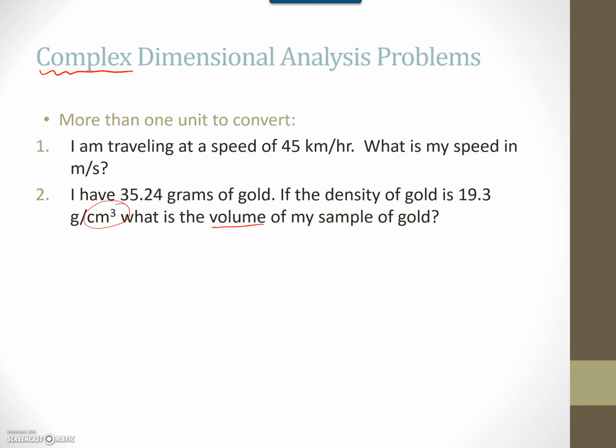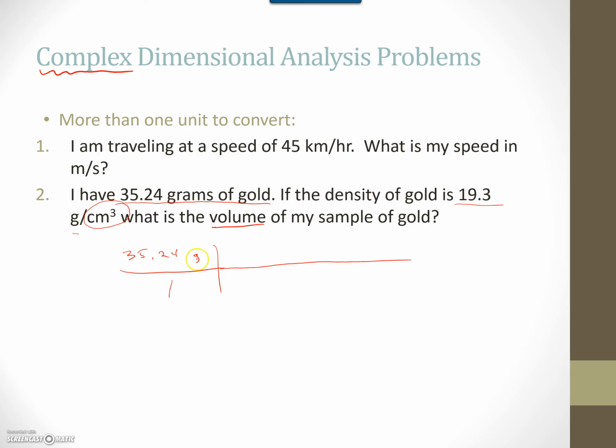All right? So what I'm going to do here is I'm going to take my known quantity, which is 35.24 grams of gold, right? So I'm going to go 35.24 grams over 1, right? Just like we learned before, we always take our known quantity in a fraction over 1. Now, the other conversion I have is 19.3 grams per cubic centimeter, all right?